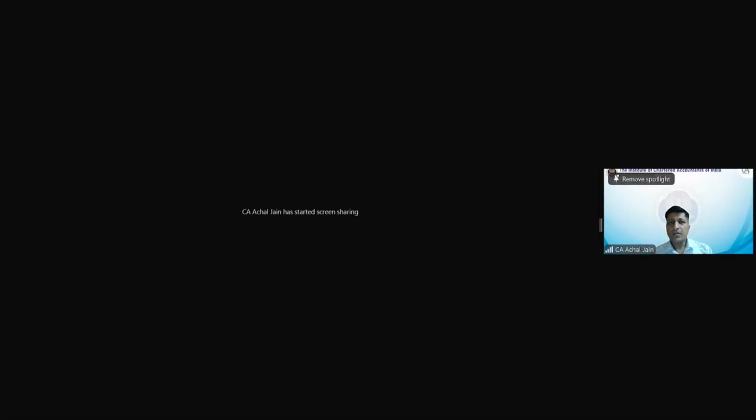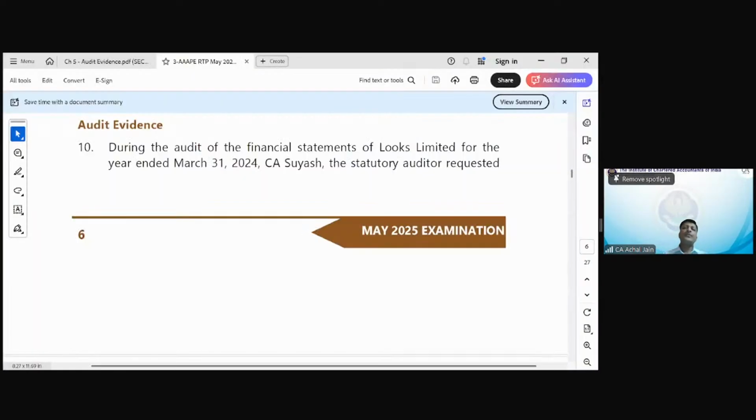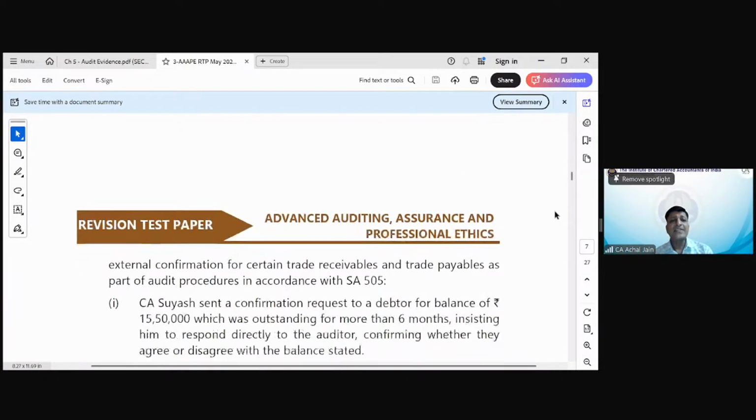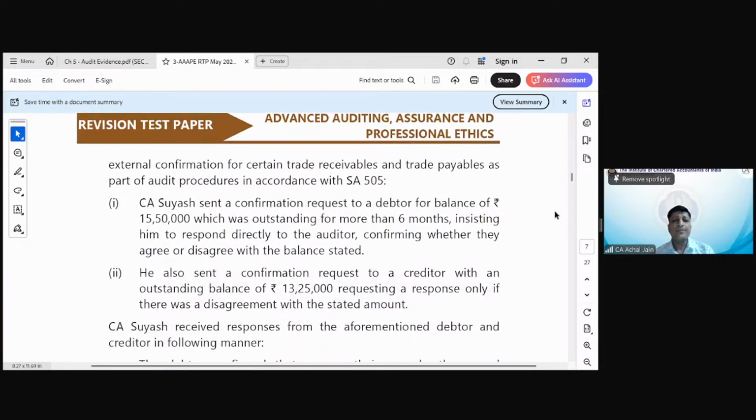All right, so if you look at this question, during the audit of the financial statements of Lux Limited for the year ended 31st March 24, CA Suyash, who is the statutory auditor, requested external confirmations for certain trade receivables and payables as part of audit procedures in accordance with SA 505.